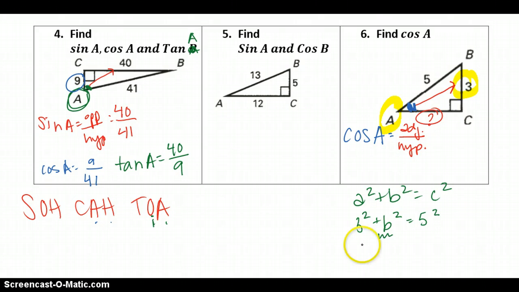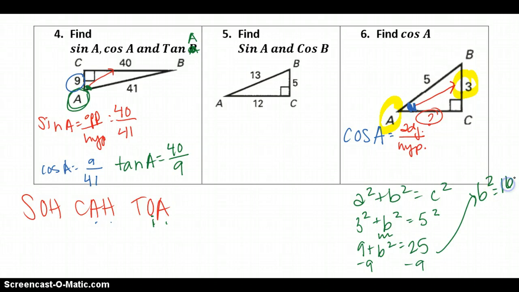If I square those, I get 9 plus b squared equals 5 squared, which is 25. I want to subtract 9 from both sides, that will give me b squared equals 25 minus 9, which is 16. So what does b have to be? 4. 4 squared is 16, so b equals 4.